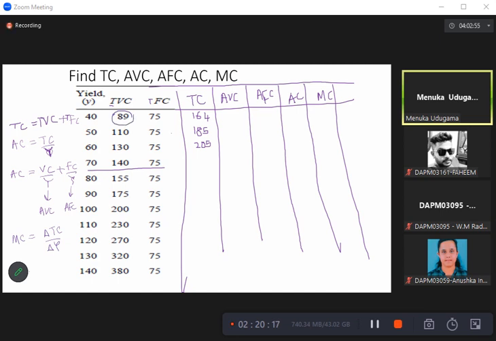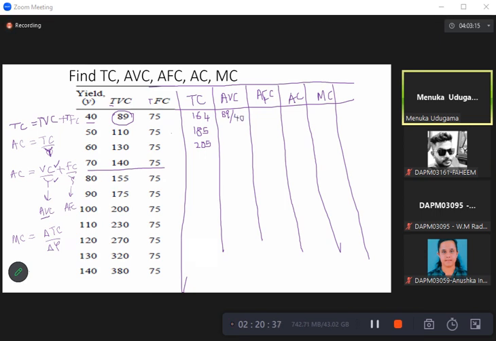Variable cost is given. So it would be 89 divided by, average variable cost is variable cost divided by output. Level of output is 40.